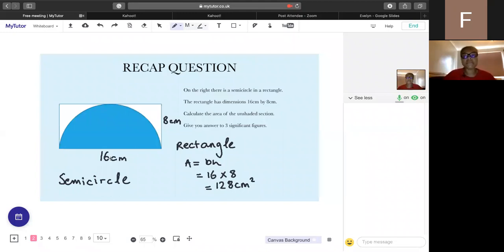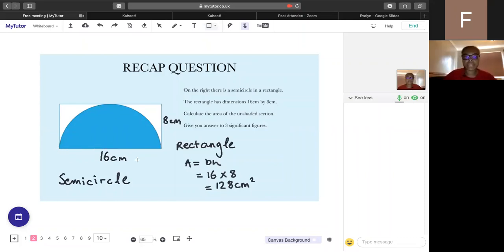Remember, to find the area of a semicircle, we need to find the area of the whole circle and then halve it. We know that this whole line down here, which is the base of our rectangle, is 16 centimeters, and since this is a semicircle, this is also the diameter for the circle.